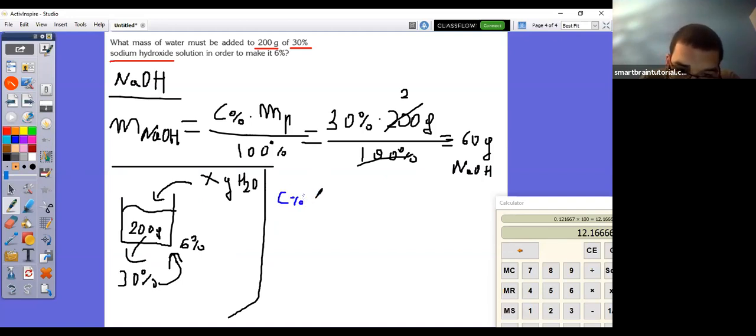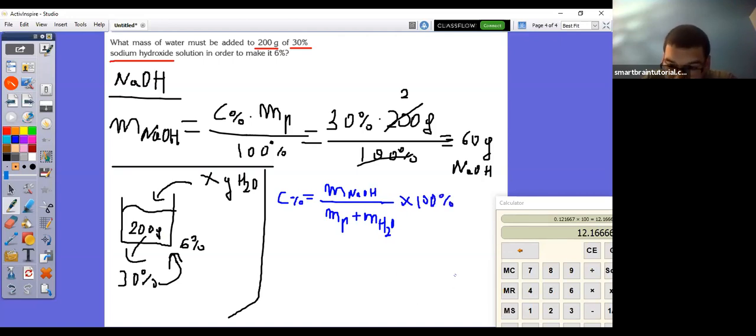Percentage concentration is the mass of solute, sodium hydroxide, over the mass of this solution plus the mass of water that we must add here, times 100%. This percentage must be 6%.